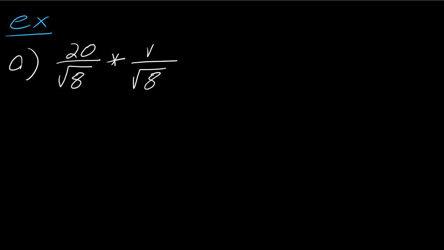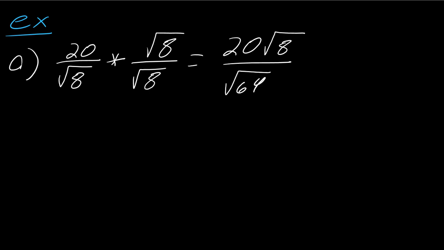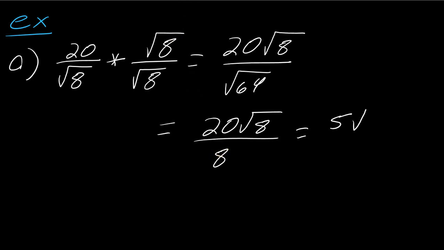I'm going to start by multiplying the top and bottom by the square root of 8. So I have 20 times the square root of 8 over the square root of 64. There's actually a lot going on here. First of all, 20 and 8 can be simplified, so I can divide the top and bottom of those by 5.